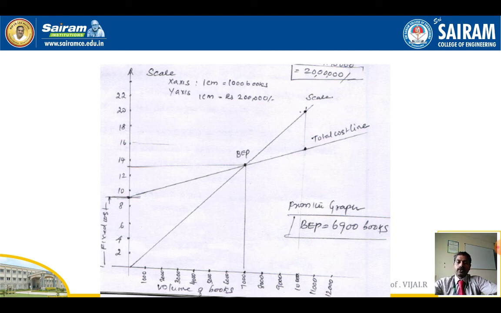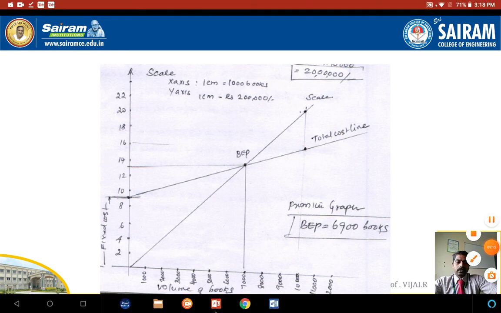By that we will get the cost, and first we have to mark, for 10,000 books, the total cost we spent. 16 lakhs is given. So for 10,000 books here, we are going to mark this total of 16 lakhs.